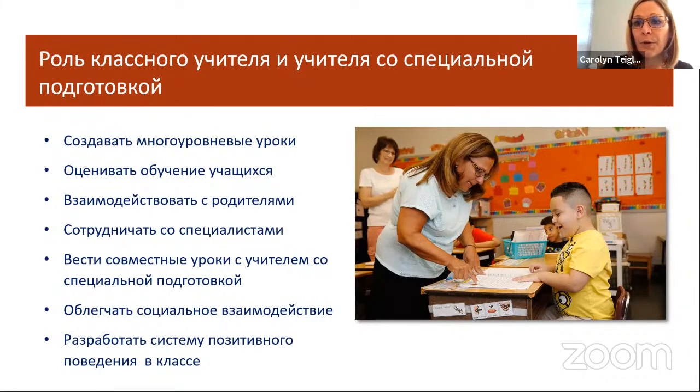So next, I'm going to discuss the role of the classroom teacher and specialized teacher in this type of model.